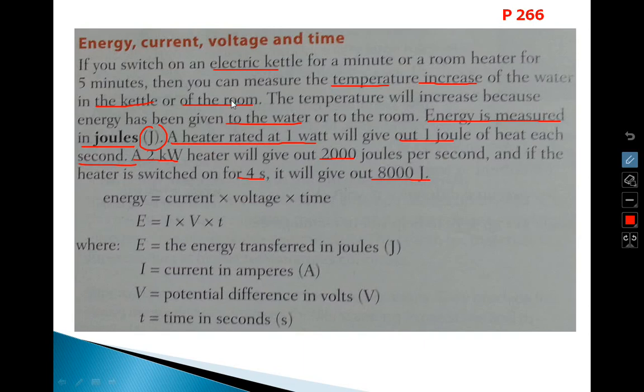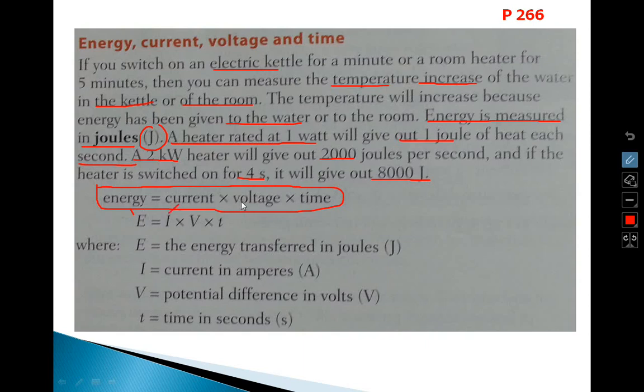So finally, we take this example to reach this general formula.